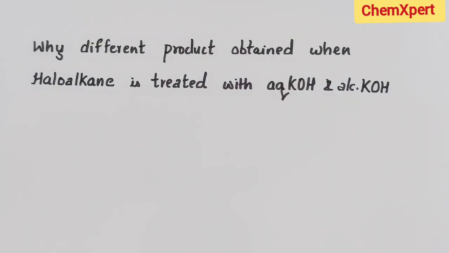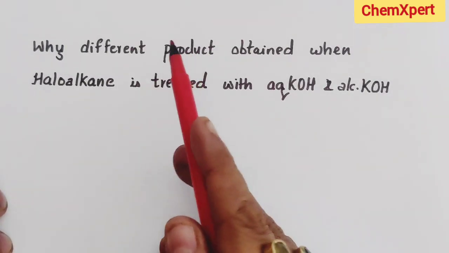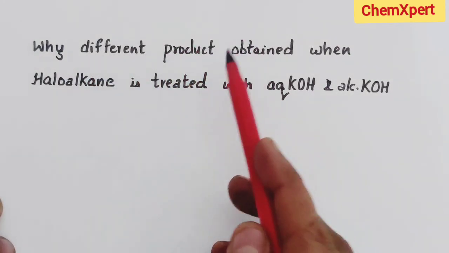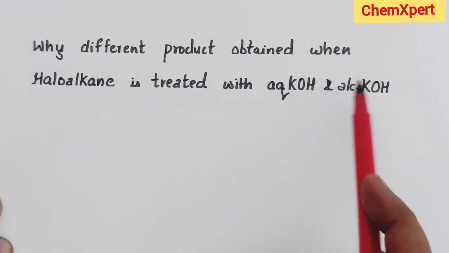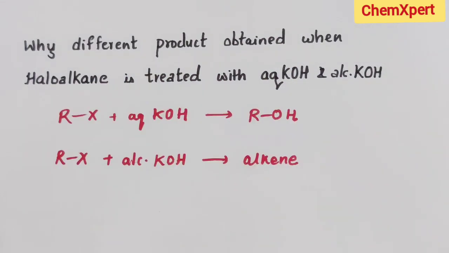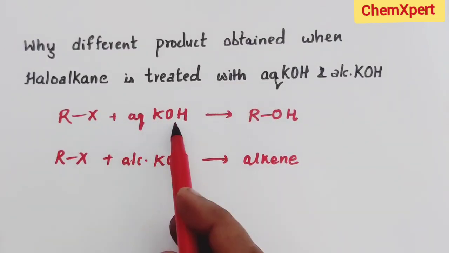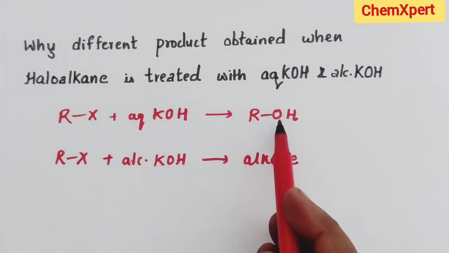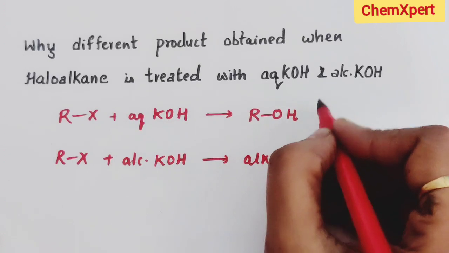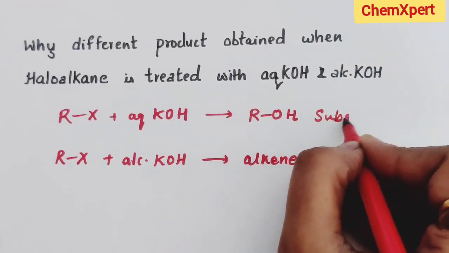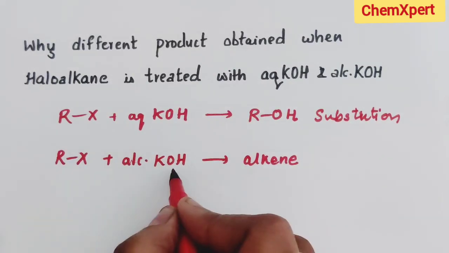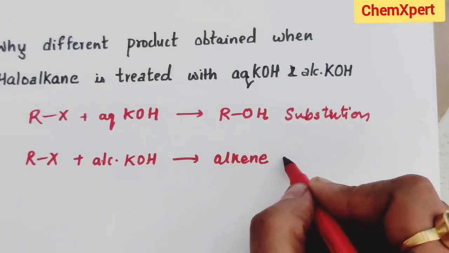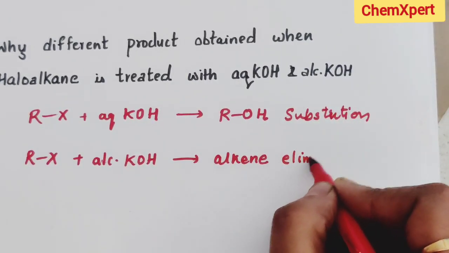After the elimination reaction, an important question from this topic is why different products are obtained when haloalkane is treated with aqueous KOH and with alcoholic KOH. In case of aqueous KOH, RX will form an alcohol and it follows the substitution mechanism. Whereas in case of alcoholic KOH, an alkene is formed and the mechanism followed is elimination.